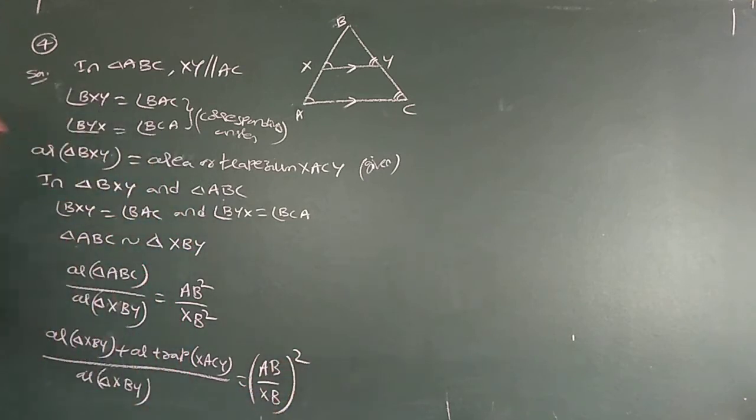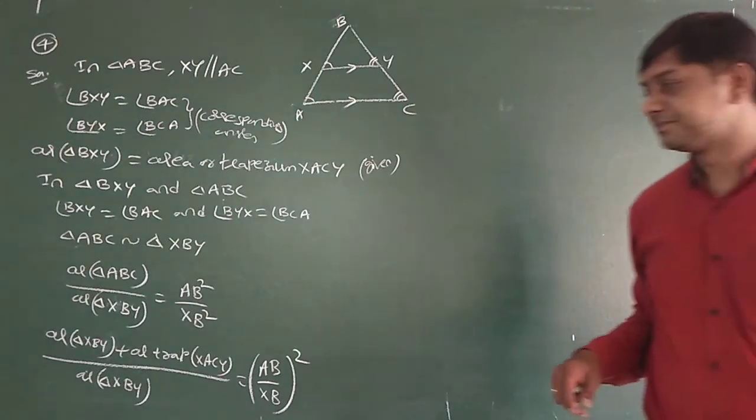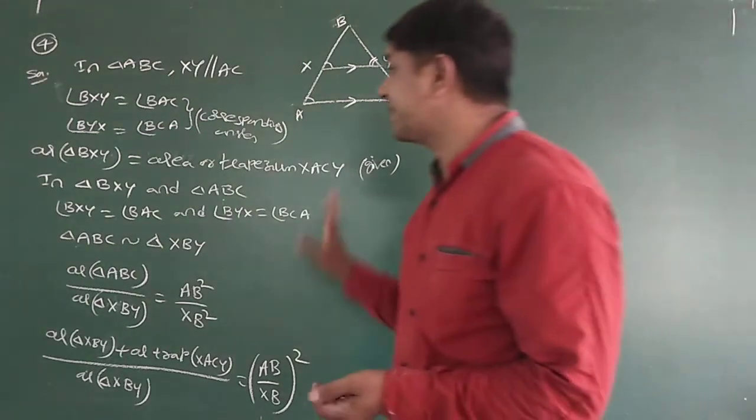We can write this using exponents: a power m by b power m is equal to a by b whole power m.